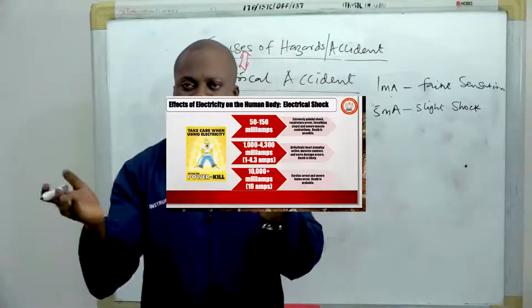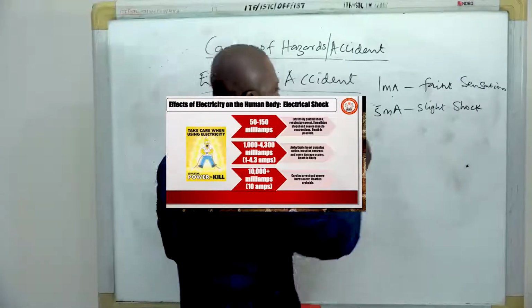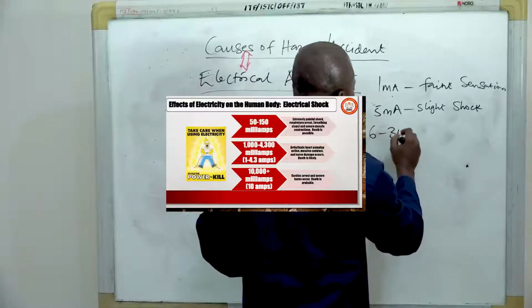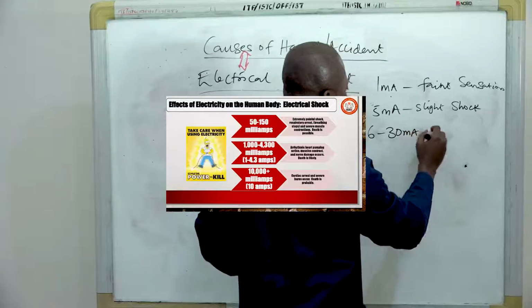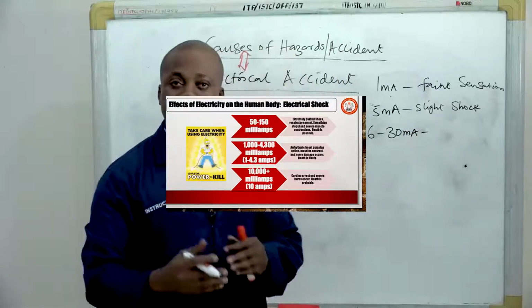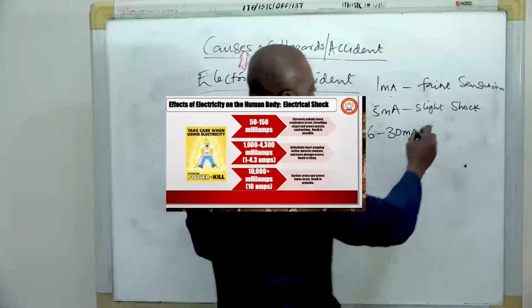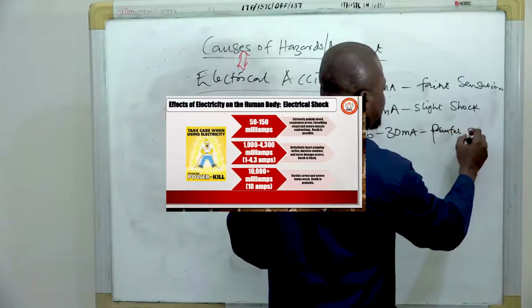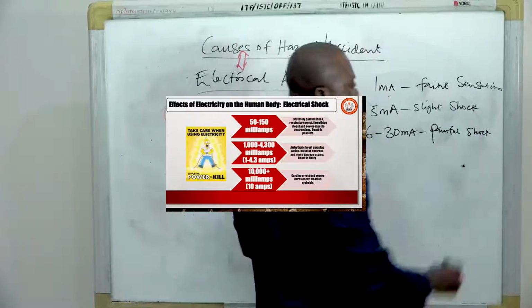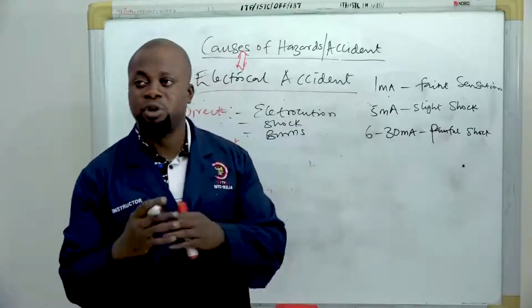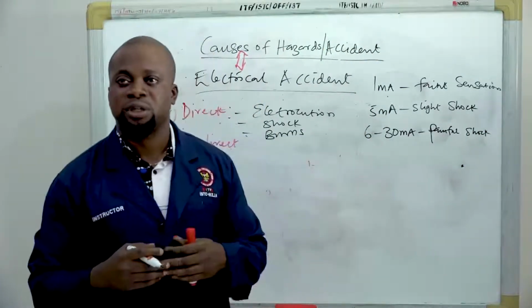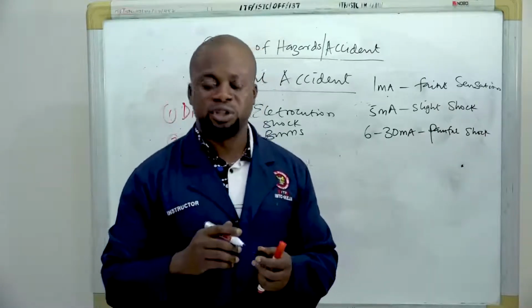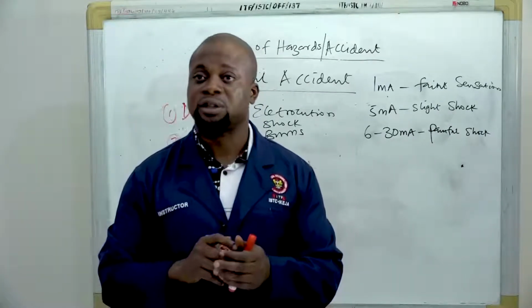Then we looked at another range, between 6 and 30 milliamps. There's a painful shock, and of course, in this case, muscle contractions. This is the range where freezing current starts.